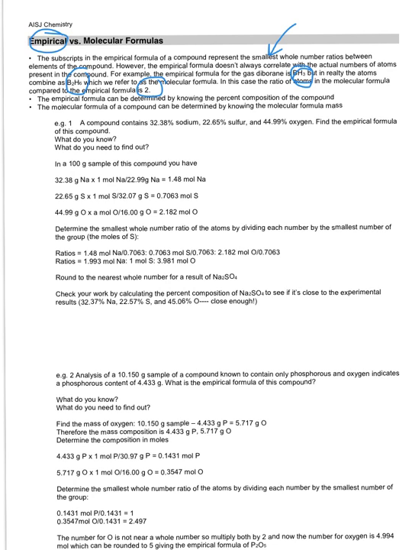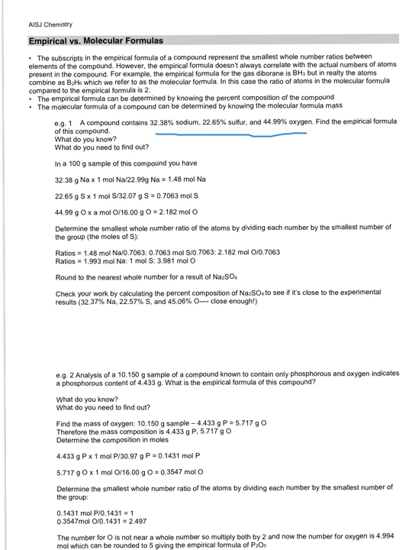All right, so the empirical formula can be determined by knowing the percent composition of the compound, and then the molecular formula of a compound can be determined by knowing the molecular formula mass. For example, a compound contains 32.38% sodium, 22.65% sulfur, and 44.99% oxygen. Find the empirical formula of this compound.